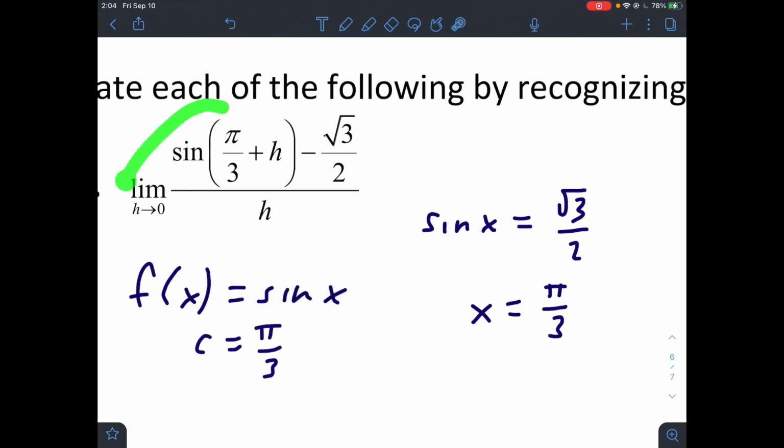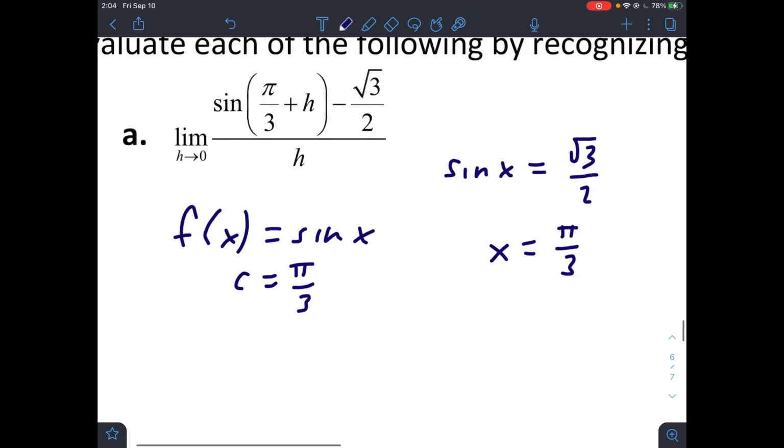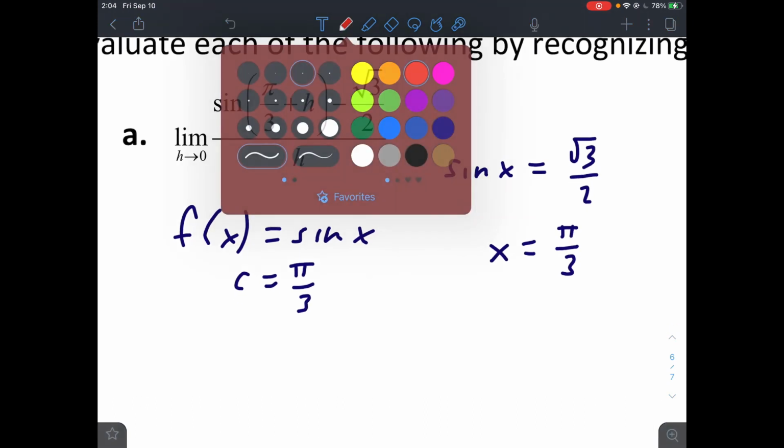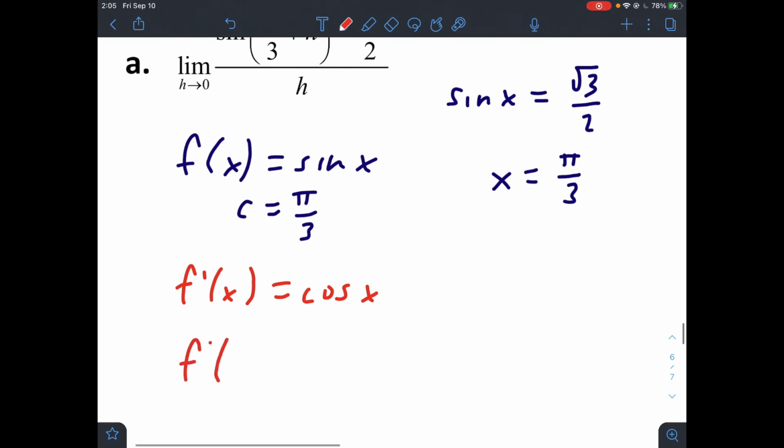So really, all this question is asking us is, what is the derivative of this function at this point? We don't need to go through that whole limit process to do this. We can simply take the derivative, which is cosine x, and then find the derivative at that point.